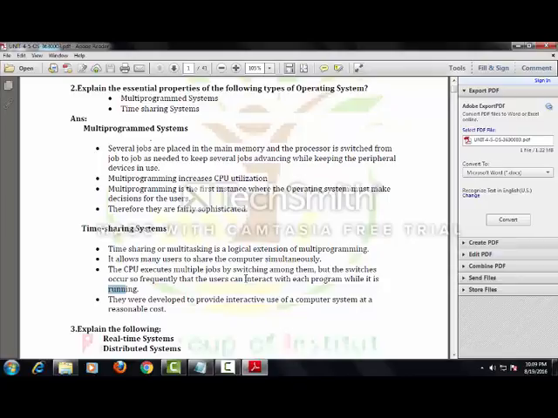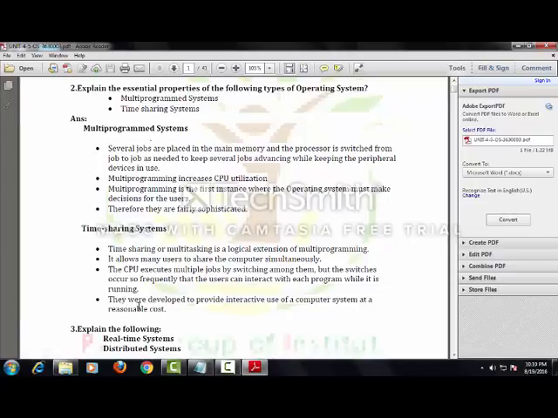So the user thinks that the CPU is dedicated to a single job, but that is not actually possible. The CPU executes many processes, many jobs at the same time, but each takes a fraction of a second. So people think the CPU is performing only their own task, but it is performing many tasks at the same time, right?